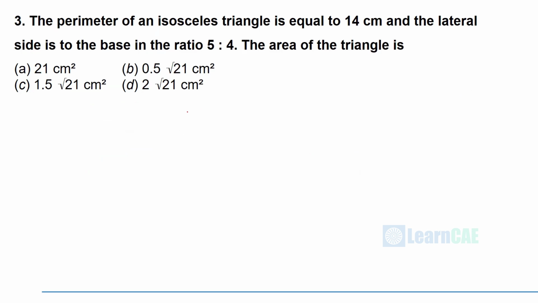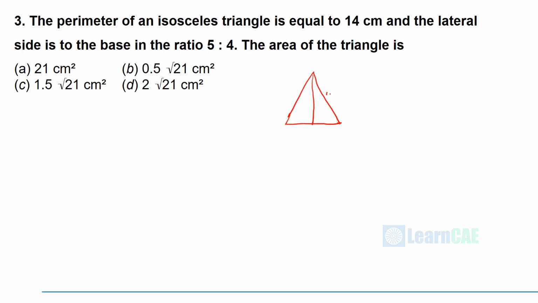Next question. The perimeter of an isosceles triangle is equal to 14 cm and the lateral side to the base is in the ratio of 5:4. The area of the triangle is, we shall draw an isosceles triangle. The lateral side to the base is the ratio of 5:4.